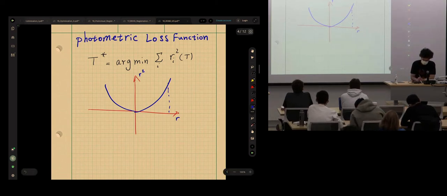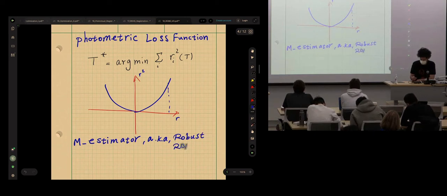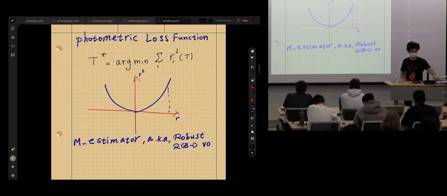So let's do M estimation. We're going to create an M estimator, AKA robust. When you add robust in your paper, you increase your chance of acceptance by 50%.